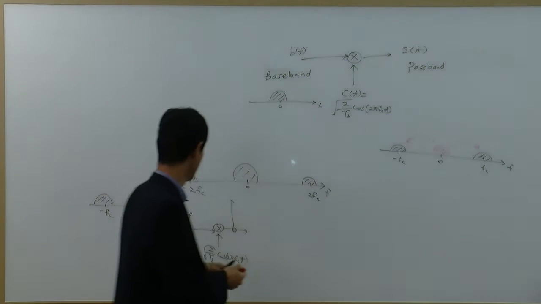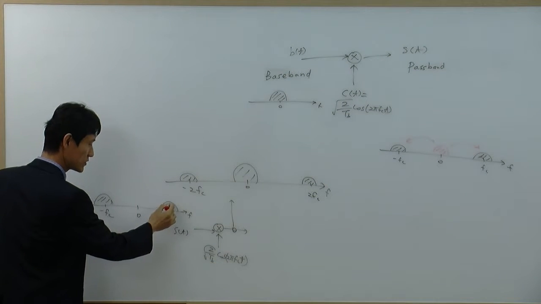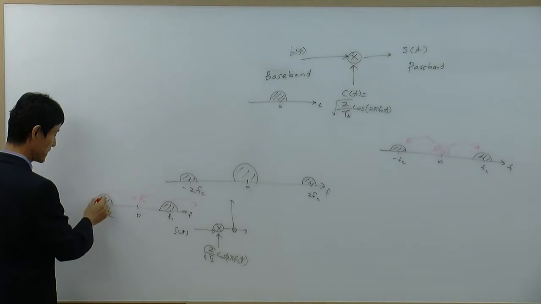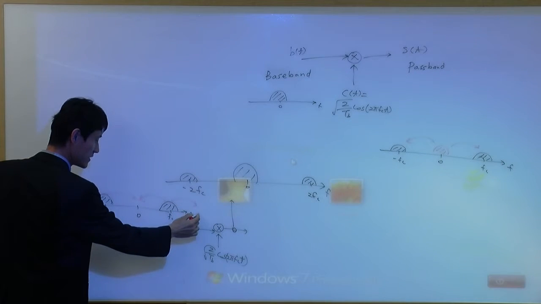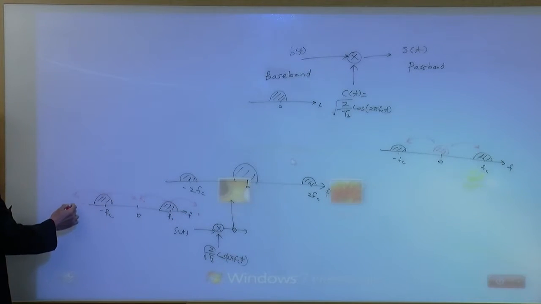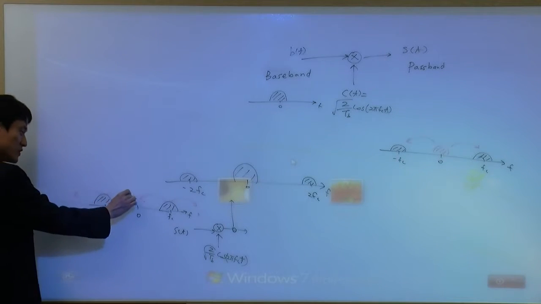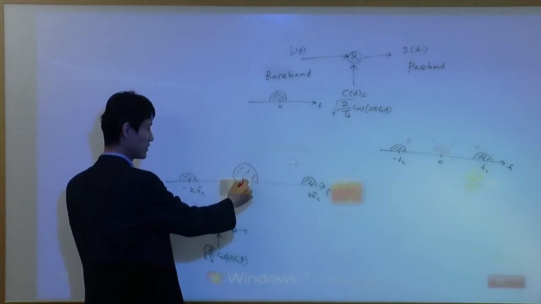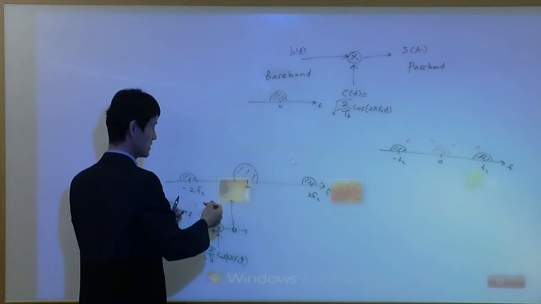What does it mean? Think about it. Split half and half. So this one now split into half and half. This one also split into half and half. Then this one goes into 2FC. This one goes into minus 2FC. And half of this energy goes into 0. Half of this energy goes into 0. So at 0, you're going to have a little bit higher energy. This one, small energy.